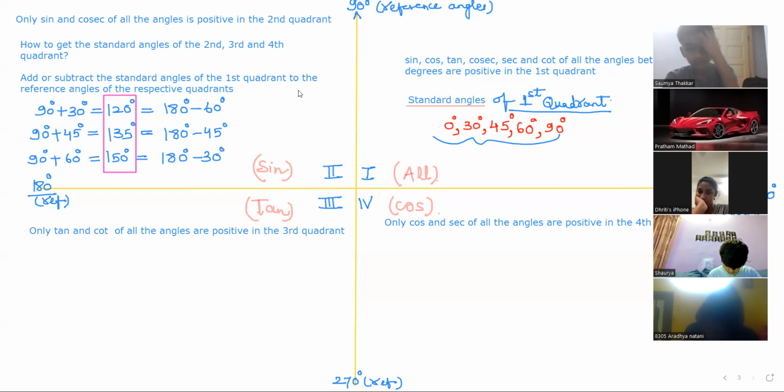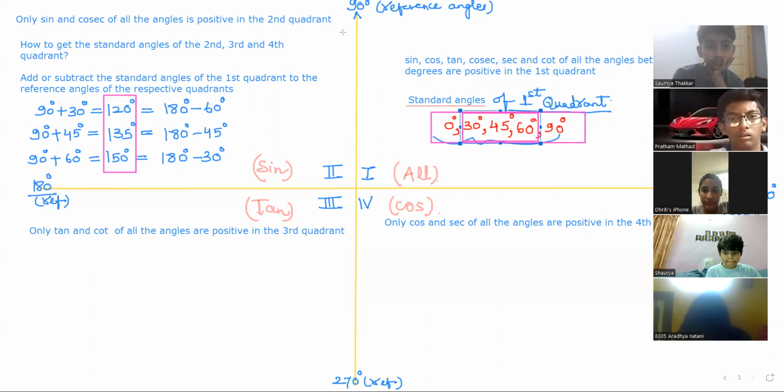Okay, Dhriti, you want me to re-explain it? What you need to do, Dhriti, simply, these are the standard angles of the first quadrant, right? So take only these ones. And now add or subtract these angles to the reference angles of the respective quadrants.